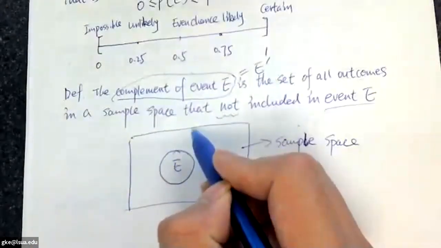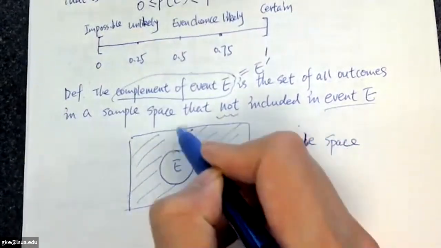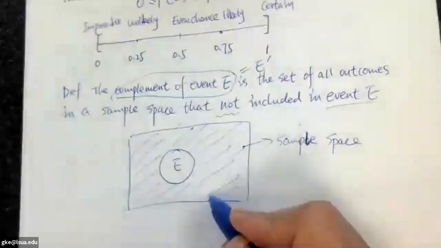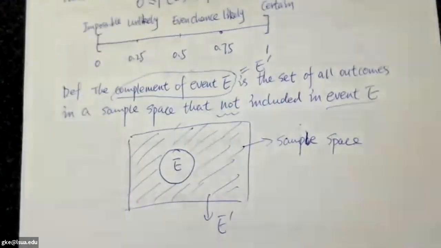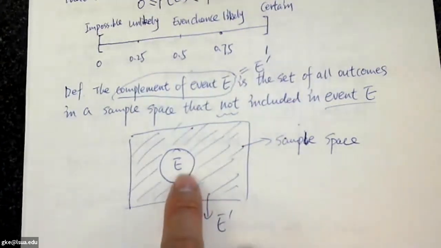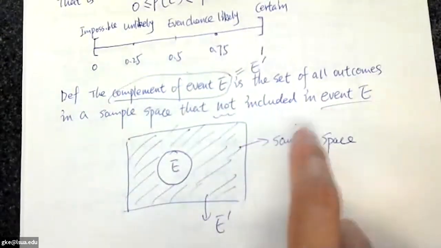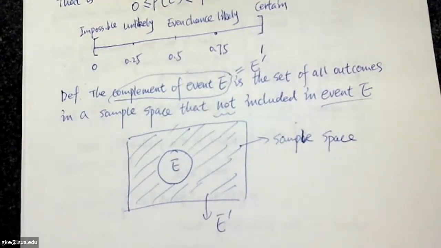That means the shaded places. By definition, that is E prime. You see it? We are not included in event E, so the left place is going to be E prime by definition.